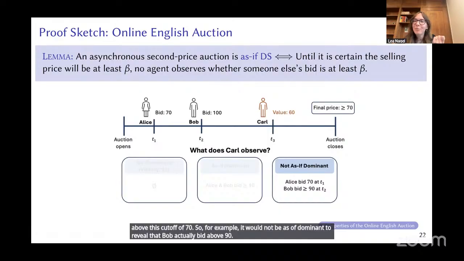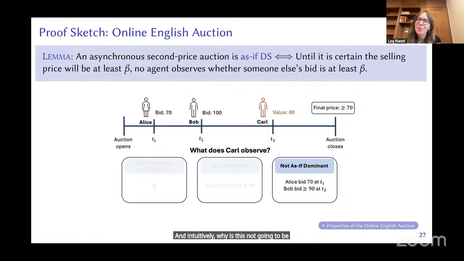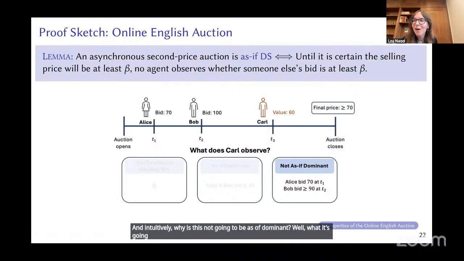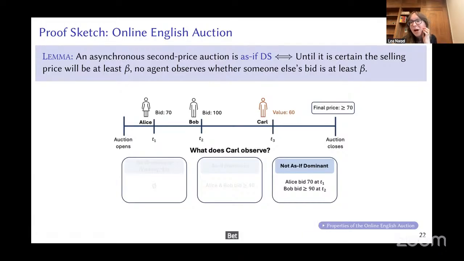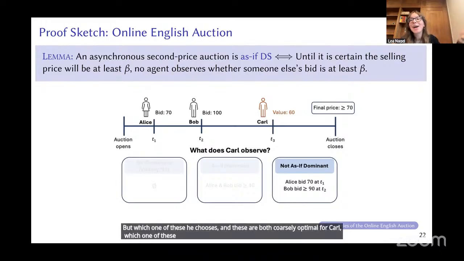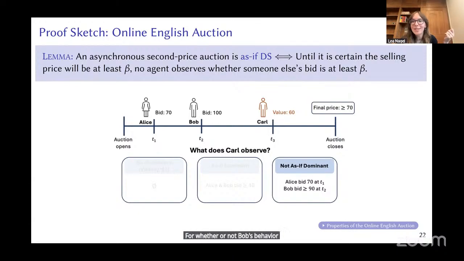And intuitively, why is this not going to be as-if dominant? Well, it's going to make Carl potentially indifferent between outbidding Bob and bidding 89 or just not submitting a bid at all. But which one of these he chooses, and these are both optimal for Carl, is going to matter for whether or not Bob's behavior was indeed a best response to Carl.